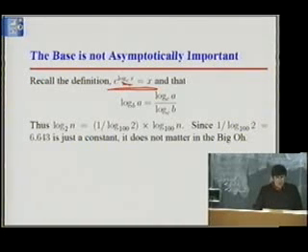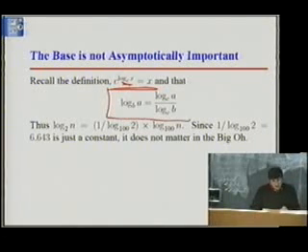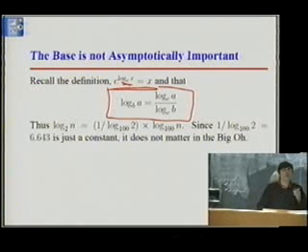Now, normally when I think about logarithms, if I'm talking about doublings or halvings, I'm thinking about log base 2. The interesting thing is that the reason I get away with thinking about 2 is that, big O-wise, the base of the log doesn't matter. The reason it doesn't matter goes back to an expression you saw in high school that gave you a way to convert the base of the log.